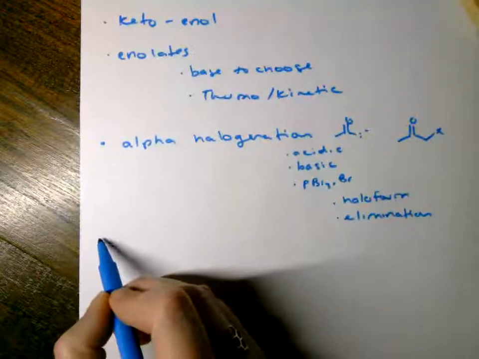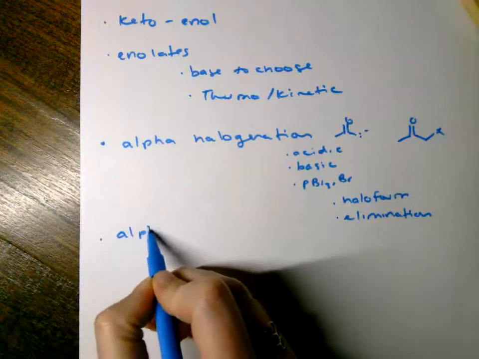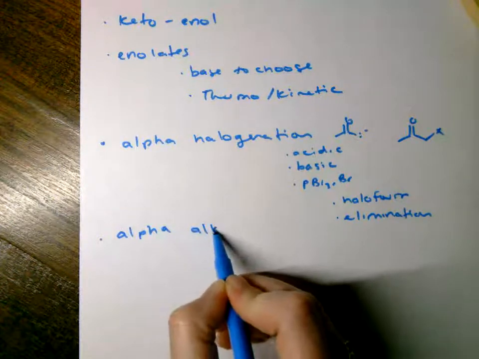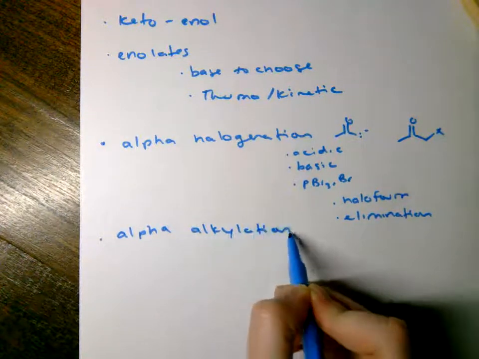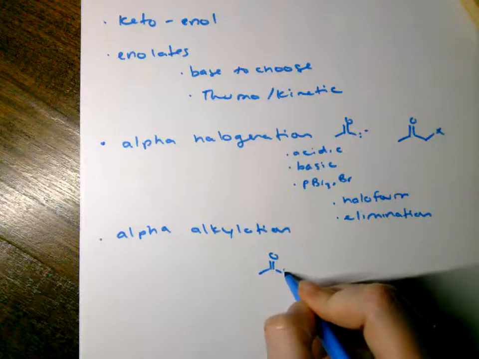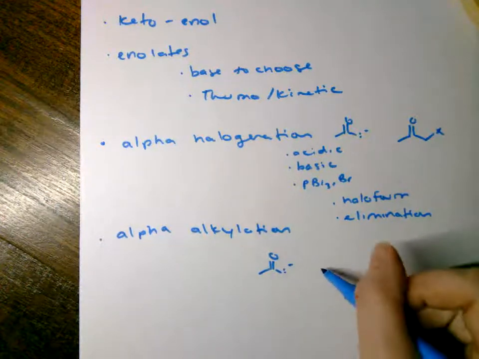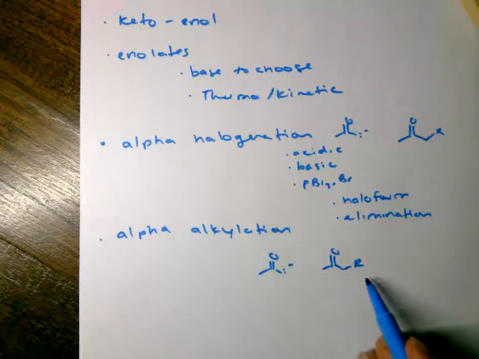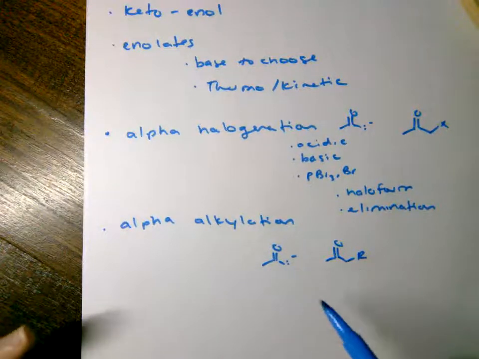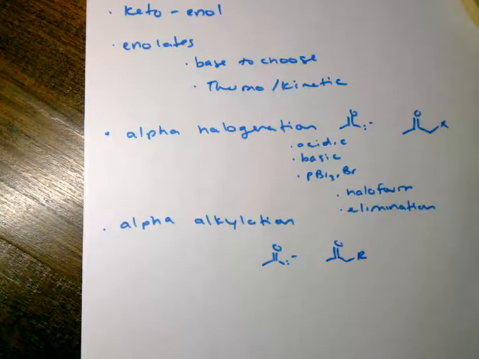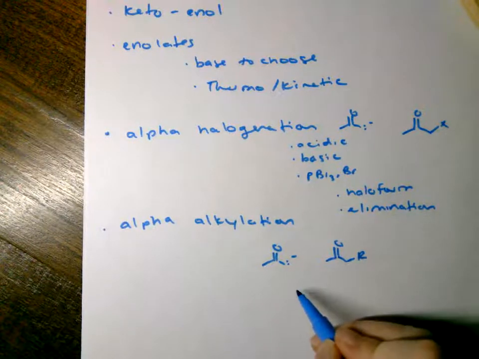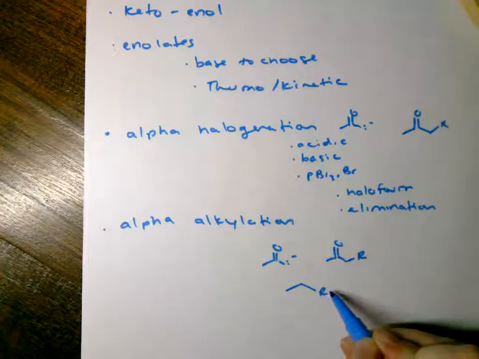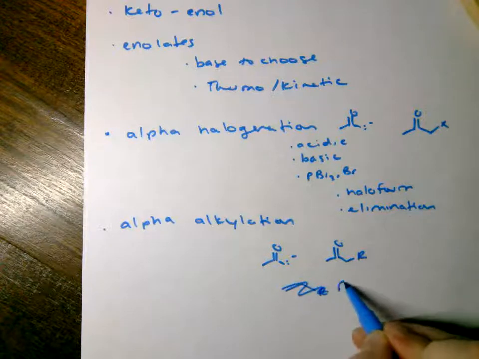Then the next big reaction that we have is alpha alkylation. So that's basically the same thing. You make your enol, and then you basically just do an SN2 reaction, and then you have an R group there. This being a nucleophile, it'll do a substitution reaction. So usually you react it with RX.